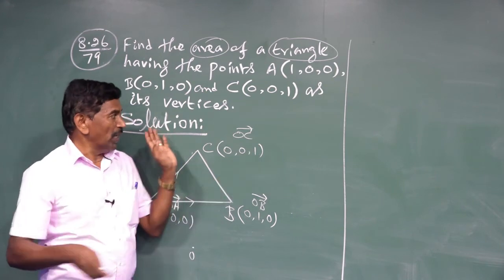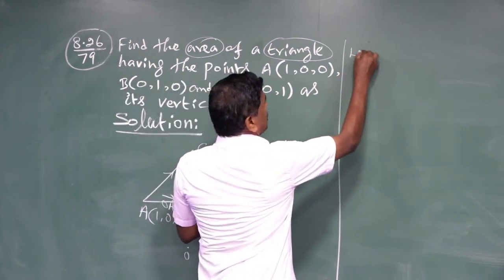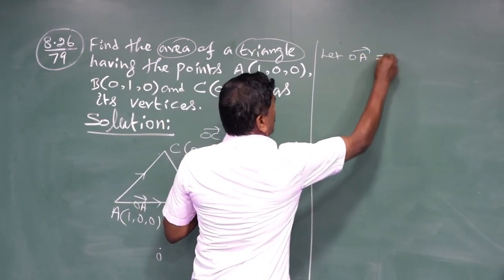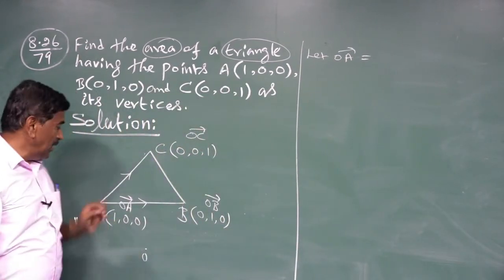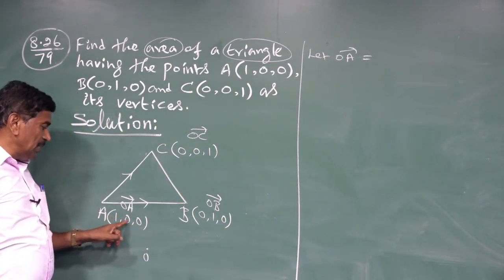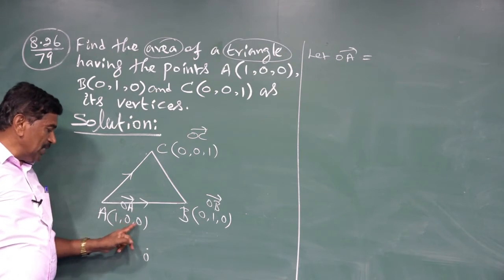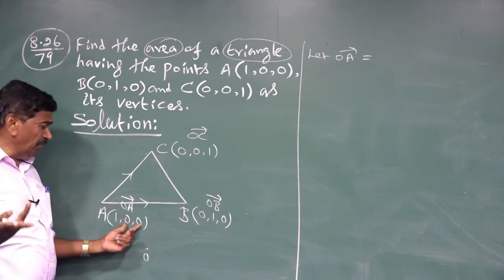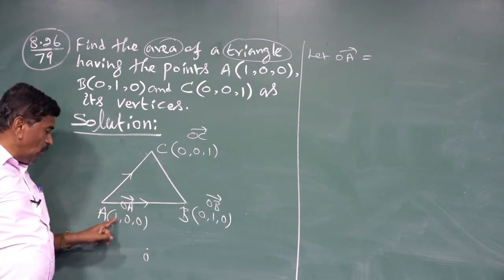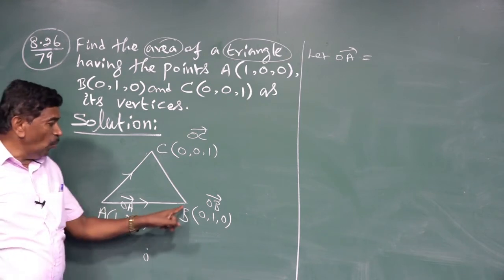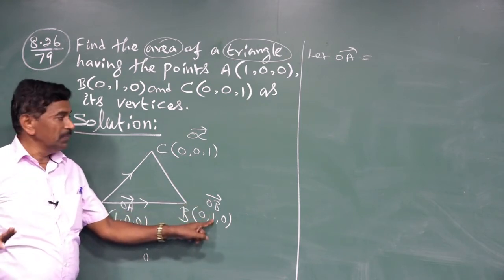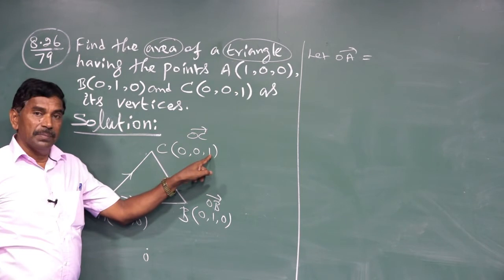Now listen. Can you tell me what is OA vector? Yes, OA vector equals i cap plus 0j plus 0k. Here 0j, 0k, no need to write, why waste time? So OA vector equals i cap. OB vector is equal to j cap. OC vector equals k cap.